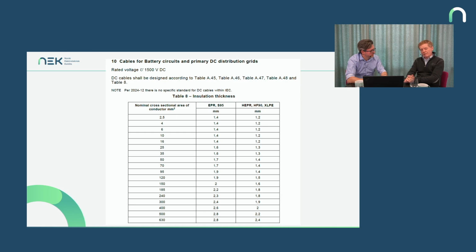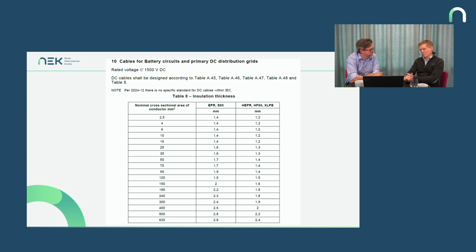But we had a problem there because 60092-353 for low voltage power mentions it can be used for DC 1.5 times the nominal voltage, but maximum 900 volts to ground. And in many of these distribution systems, there are battery systems which can have a voltage of 1080 volts, 1200 volts, and so on. Then actually it was not valid to use this 353 standard.